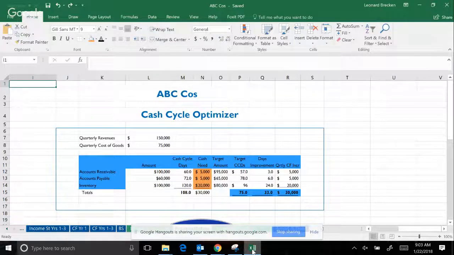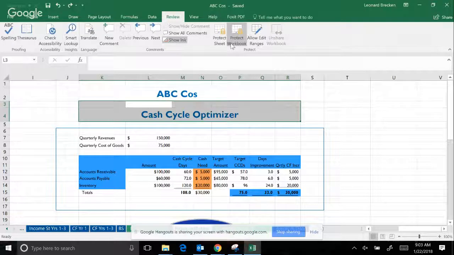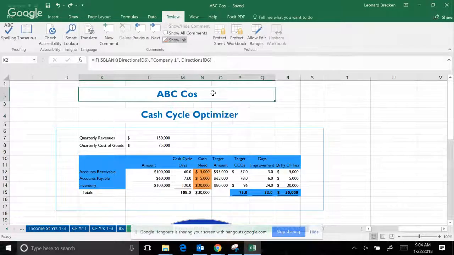And this tool is our cash flow optimizer. Anyway, this is our cash flow cycle optimizer, and we measure the three components that we just mentioned, accounts receivable, payable, and inventory, based on days.